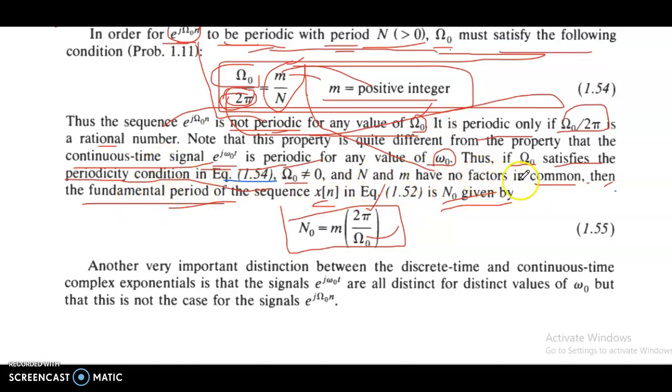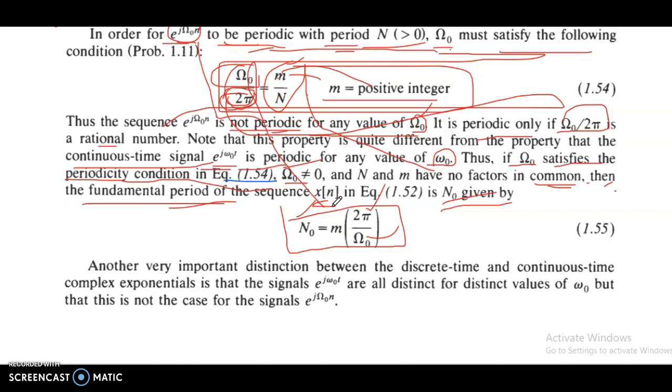Here n and m have no factors in common. The fundamental period of the sequence x[n] in equation 1.52 is given by m times 2 pi over omega naught, that is, m equals this reciprocal here.